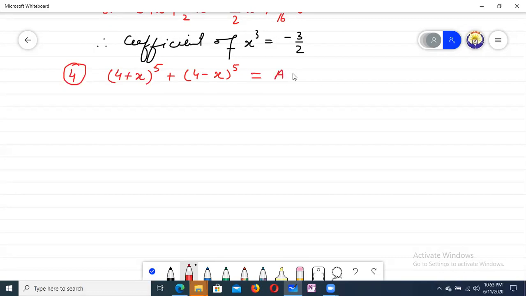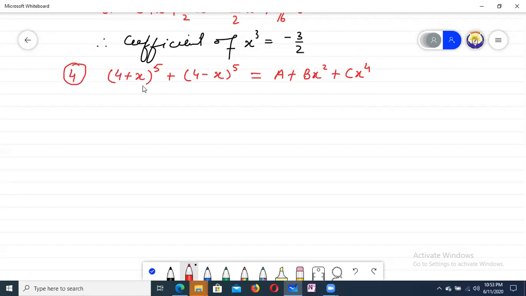a plus bx square plus cx raised to the power 4. Find the value of a, the value of b, and the value of c. a is the constant coefficient, b is the coefficient of x square, and c is the coefficient of x raised to the power 4.